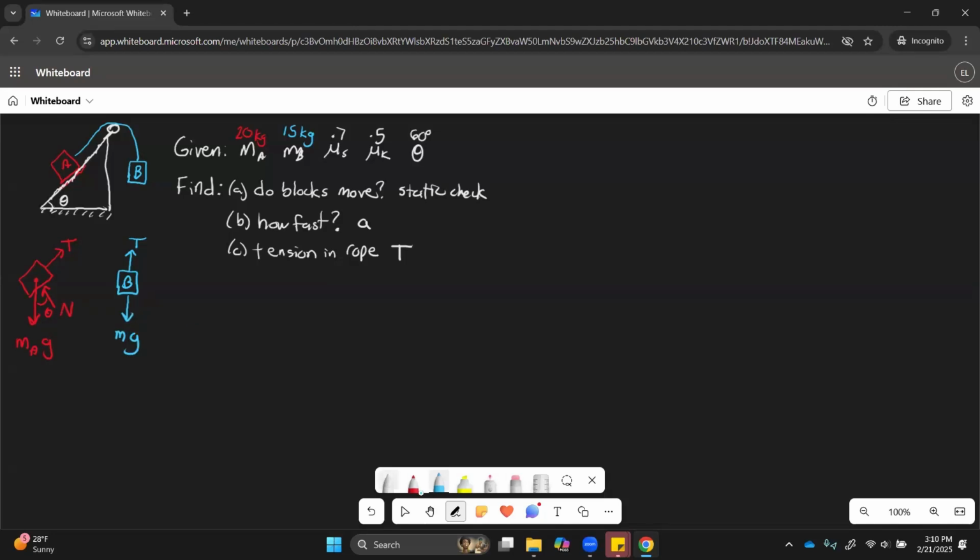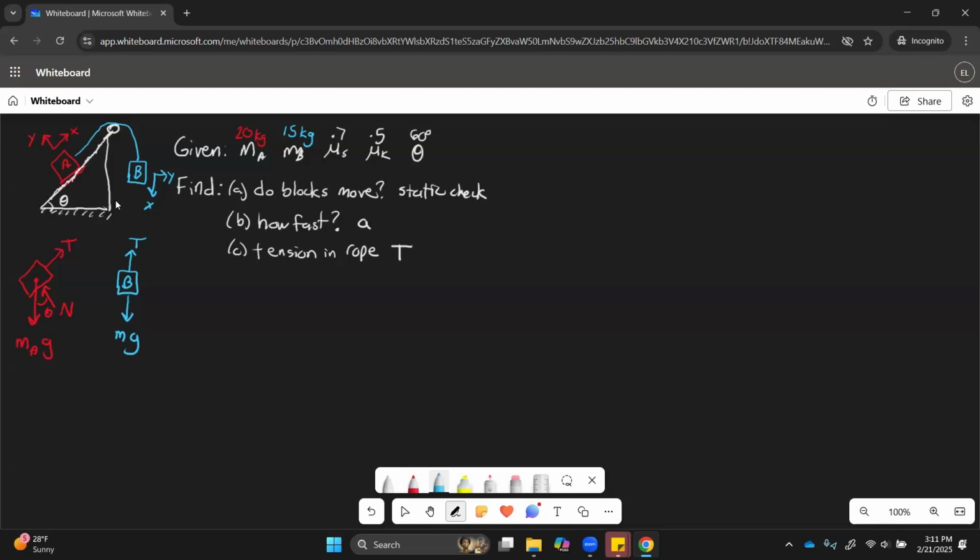And we'll assign our coordinate frames here. We're going to assume that X is positive up the plane, so A is sliding up that way. We have Y, and then X follows the rope. So then in B, we have X going down, and we have Y perpendicular.